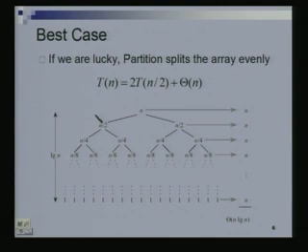Then when I did a quicksort on this, again I was lucky, again I picked a pivot such that it divided the thing into two parts. And when I did my quicksort on this, again it divided it into two equal parts, and so on and on.